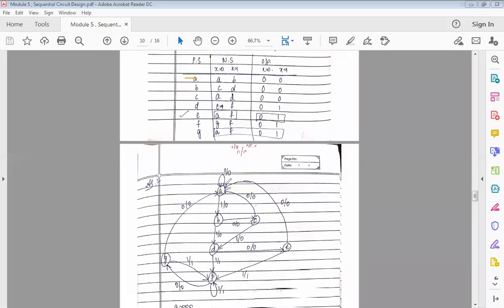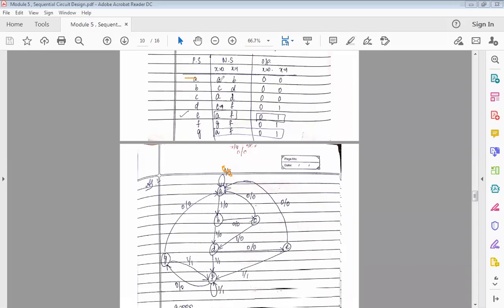So in state A, when x is equal to 0, this is my input. So when x is equal to 0, what is my output? Output is also 0. And where is it going?